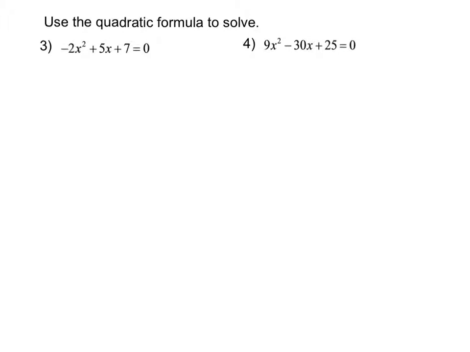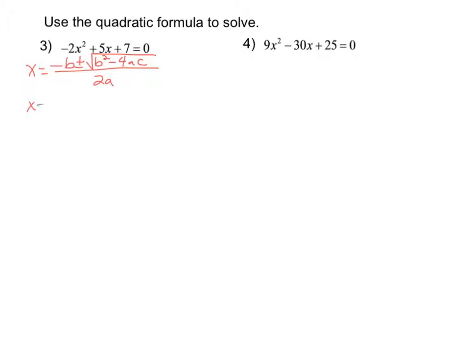Okay, so number 3, I'm going to use the quadratic formula to solve. So I've got x equals negative b plus or minus the square root of b squared minus 4ac, all over 2a. I should have remembered to put the x equals as well. Okay, so I'm going to go ahead and plug in everything I need.